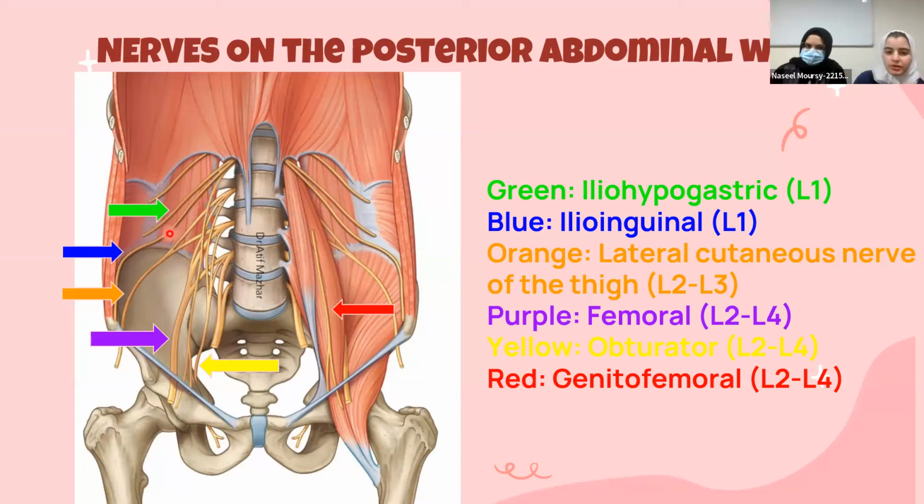Ilioinguinal is kind of next to it, so L2. Okay, but then lateral cutaneous, you can see it's coming from two nerves, so that would be L2 and L3. And then you have femoral and obturator, they come from the same roots, L2, 3, and 4, but femoral is anterior and obturator is more posterior. And finally, genitofemoral is L2 to L4 also, but its significance is that it comes out from the psoas muscle. Okay, you guys got this part?